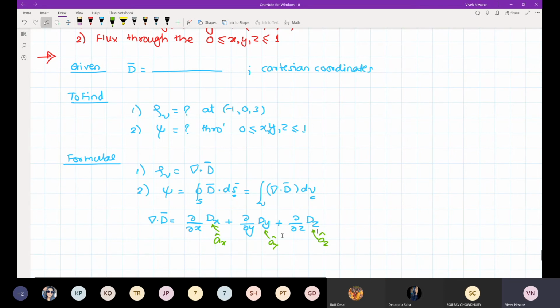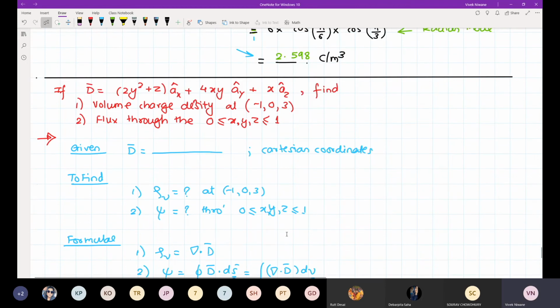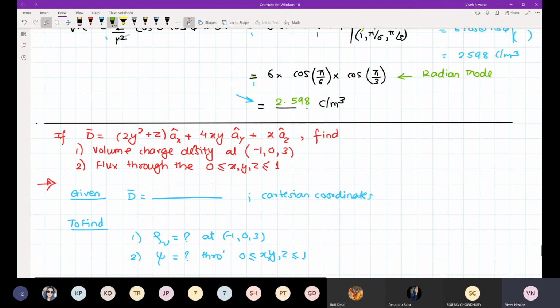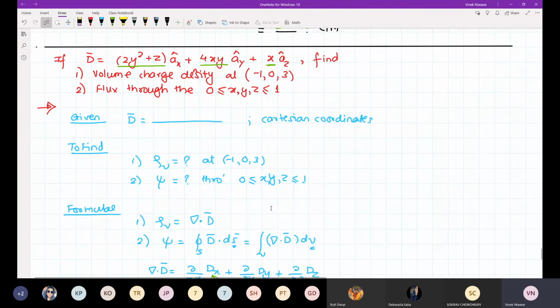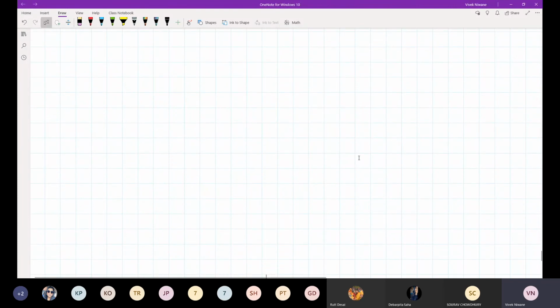So in the given expression, we have this term as dx, this term as dy, and this term as dz. So divergence, volume charge density, and we have our amount of flux.